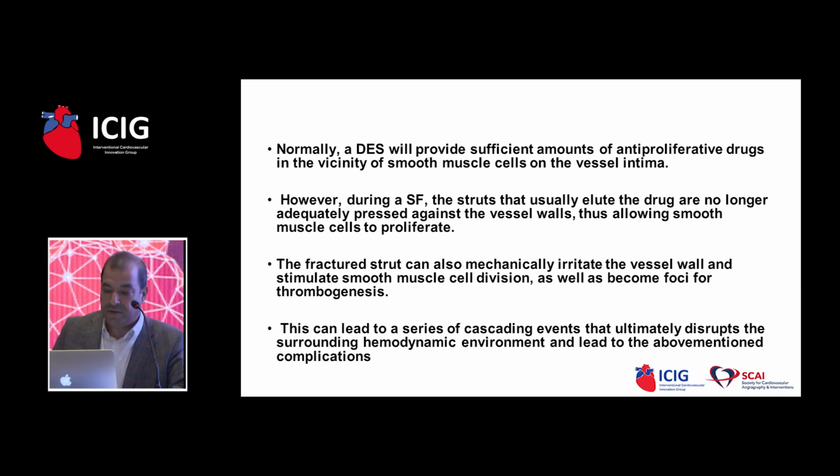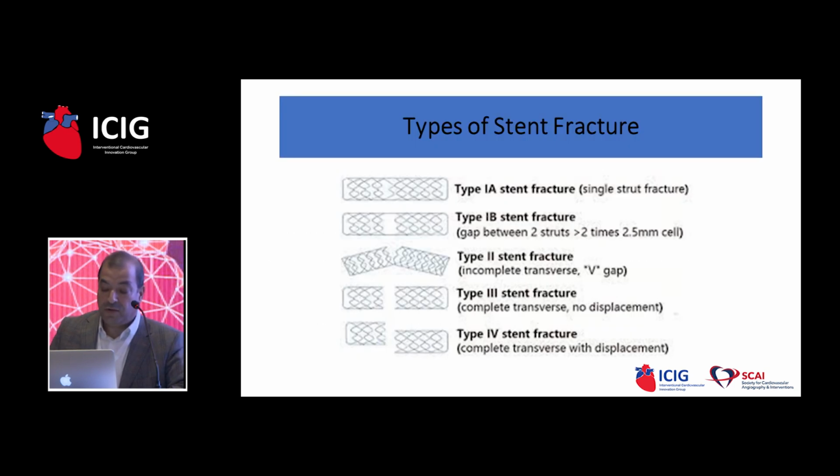These are the types of stent fractures. Type 1A is a single strut fracture, type 1B has a gap between the two struts, type 2 is incomplete or transverse with a V gap, type 3 is a complete transverse non-displacement, and type 4 is a complete transverse fracture with displacement of the stent.